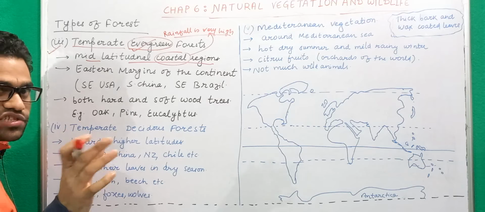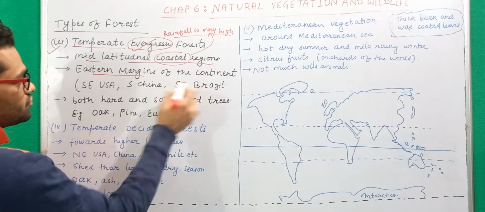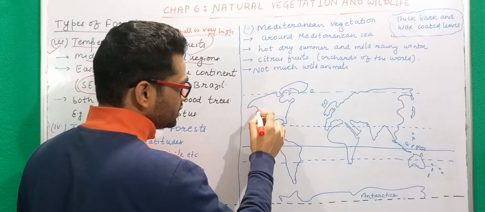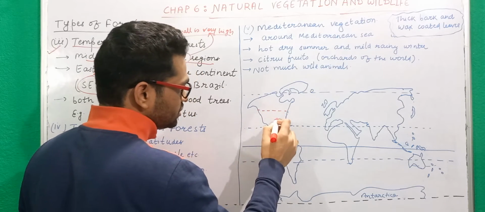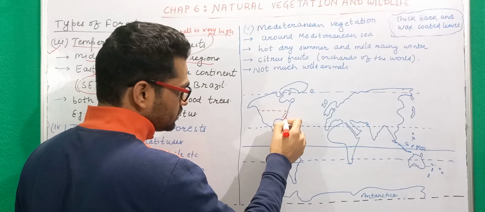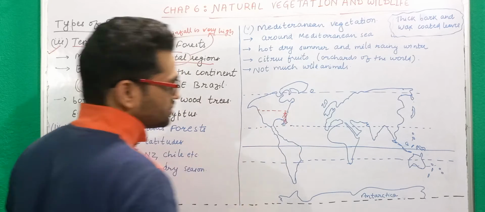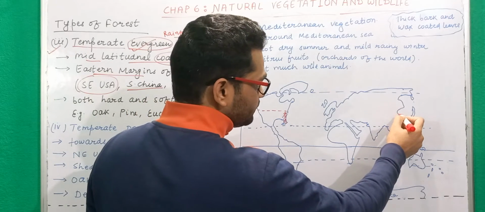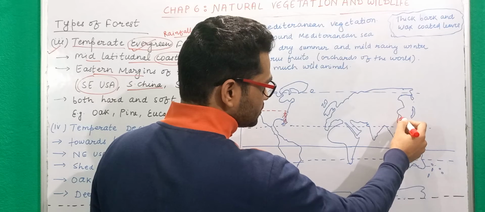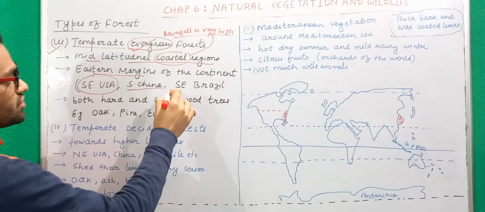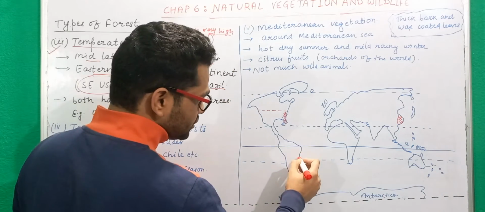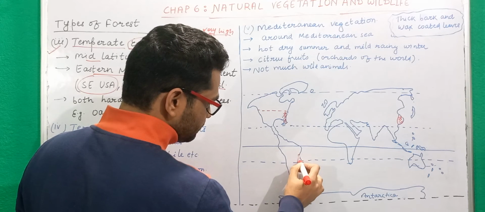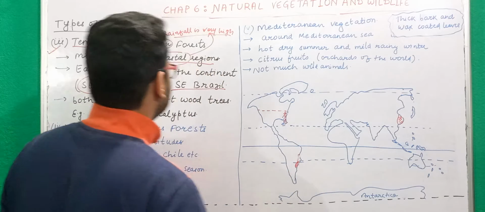So look at the areas where it is found. In the eastern margins of the continent, for example Southeast USA. This portion is the USA, so you might find it in this area, Southeast USA. Then you will find it in South China, and then Southeast Brazil, which means this part of the map.